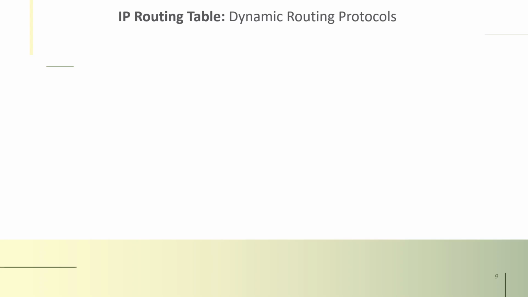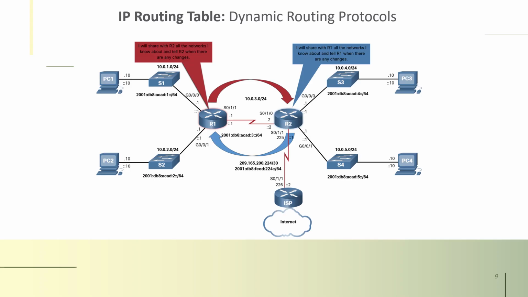These networks and the best path to each are added to the routing table of the router and identified as networks learned by a specific dynamic routing protocol. Here we have router 1 and router 2 using a common routing protocol to share network information between each other.